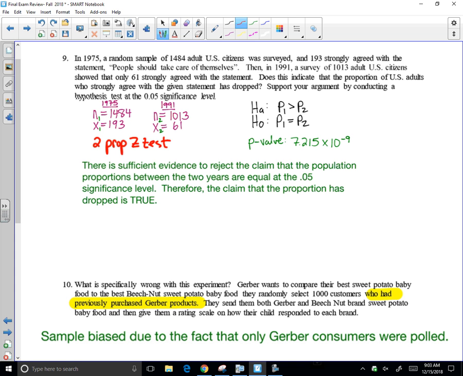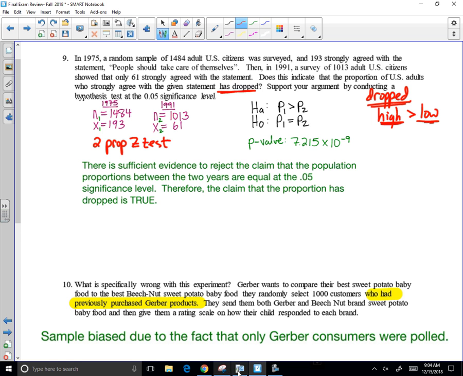Now, it's asking whether or not the percentage, or the proportion, has dropped. Dropped would mean it got smaller. You went from high to low, but there was a decrease, which would show that the value before is more than the value after.